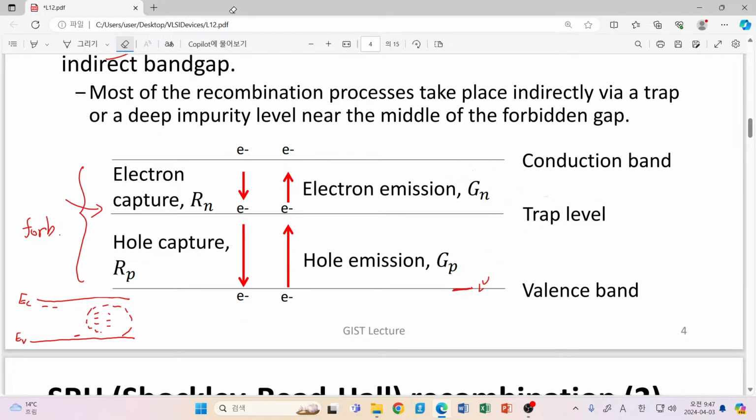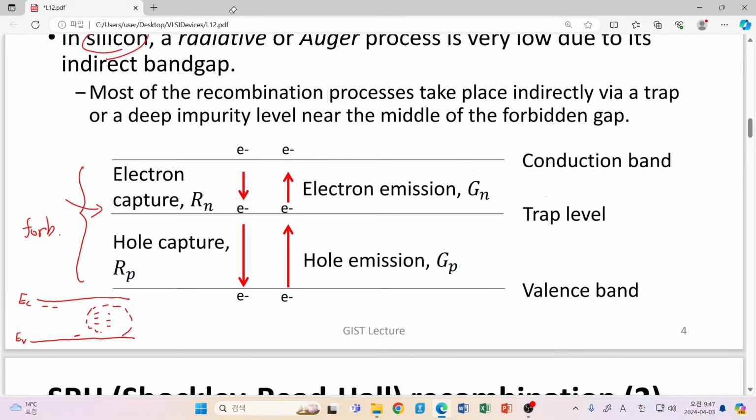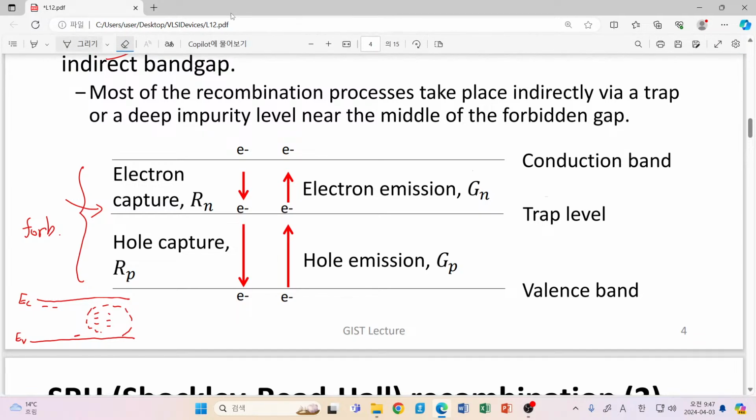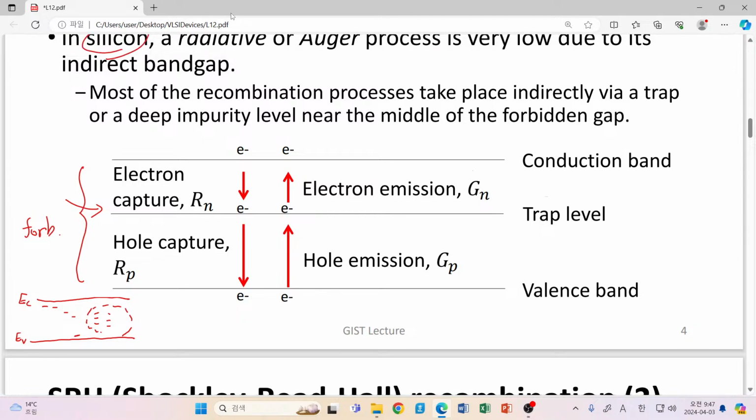So simply speaking, in general, every state in this forbidden zone can interact with conduction band and valence band in principle. However, if it is too close to the conduction band, then it is solely determined by only the conduction band.